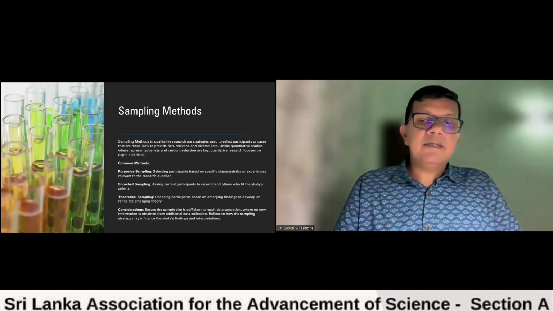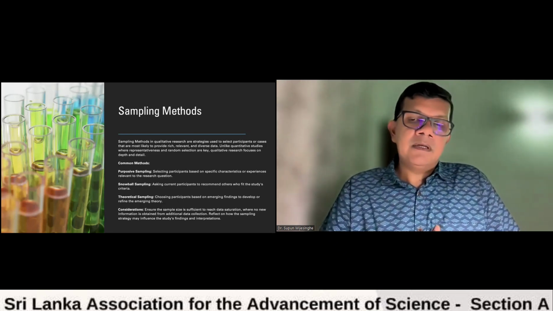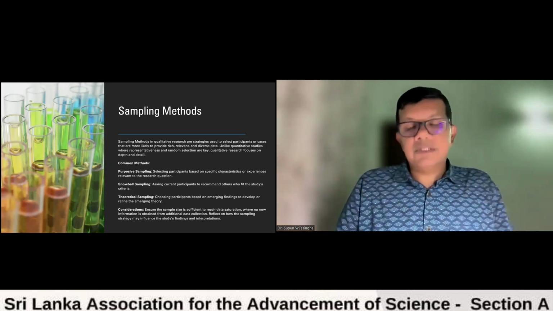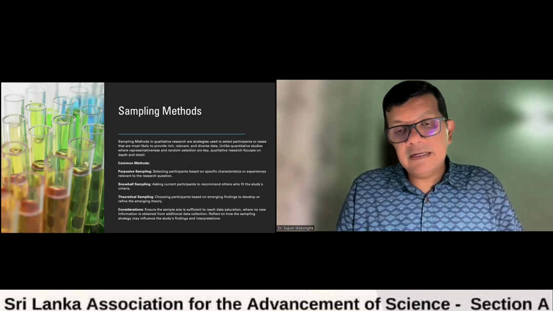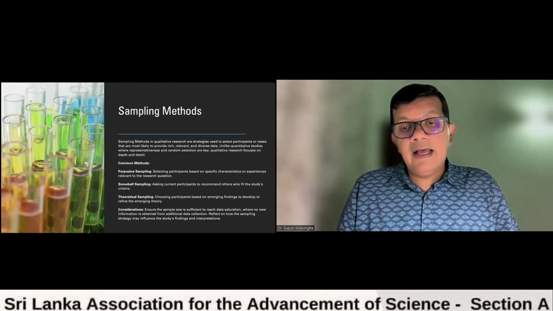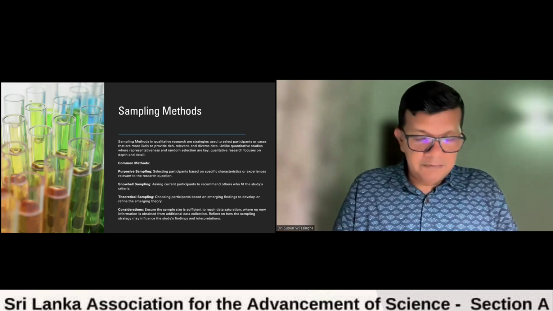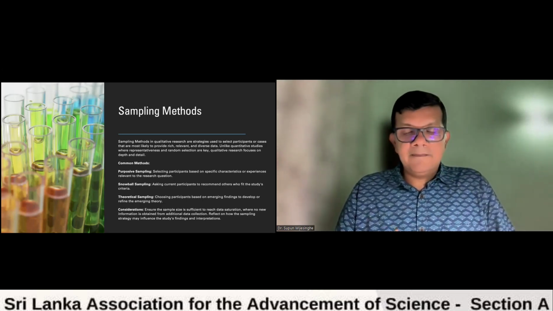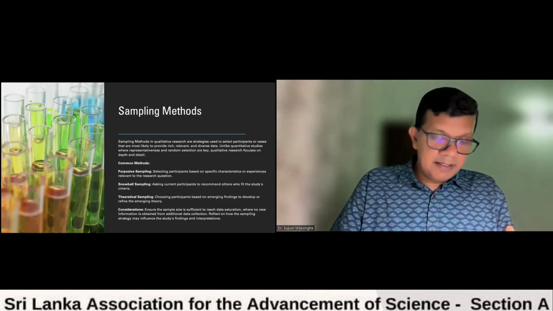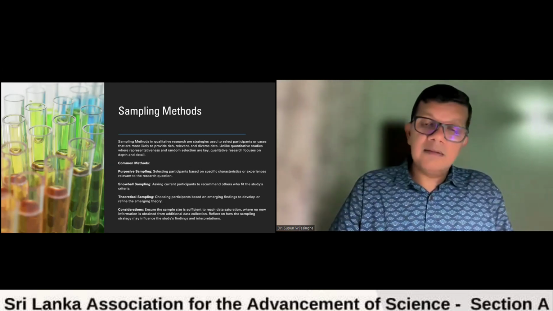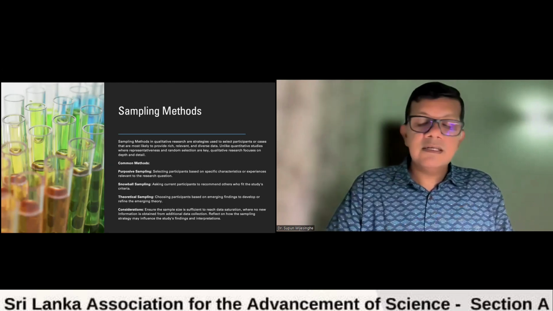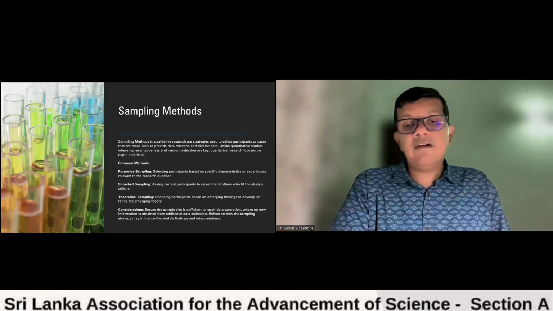Then the last type is theoretical sampling. So based on your theory, you study how people feel about antenatal care delivery in a MOH office, or medical officer of health office. So you ask the MOHs, AMOHs, PHNSs, various categories, PHIs, and then PHMs, and then finally the patients.